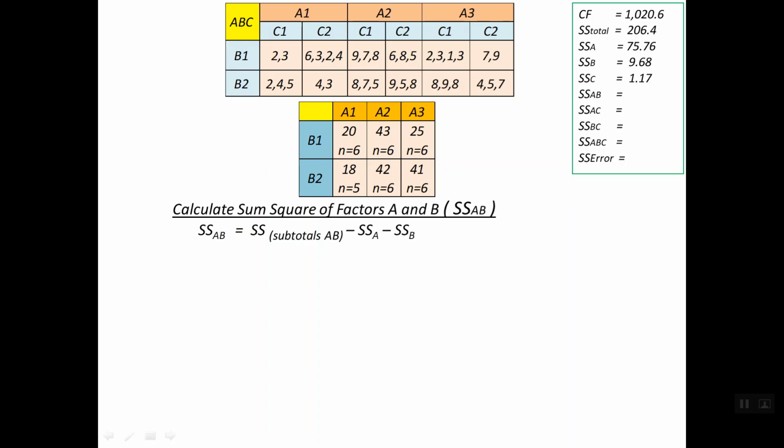First of all, this is the formula for how to calculate the SS for AB. First, we need to calculate the SS for the subtotals of AB. Notice that this is not SSAB. This is the SS for the subtotals between A and B, and we subtract the SSA and subtract SSB in order to get the SS for AB. How to calculate the SS for the subtotals between A and B?